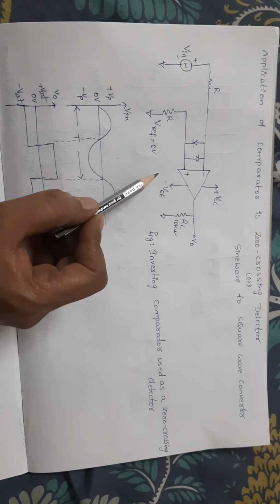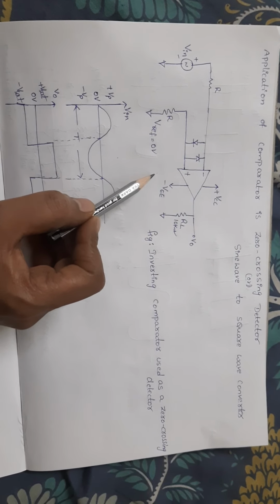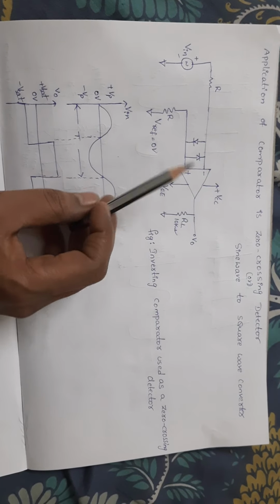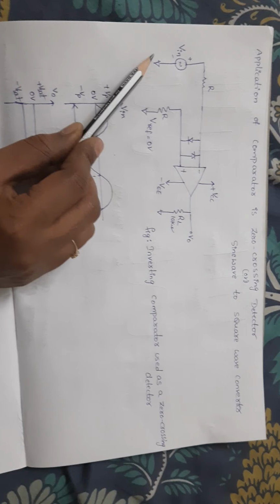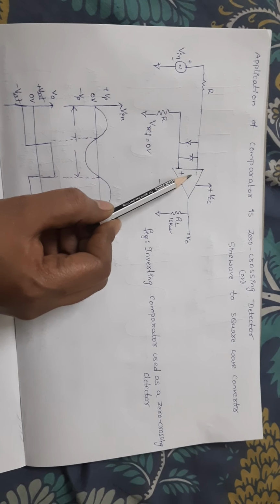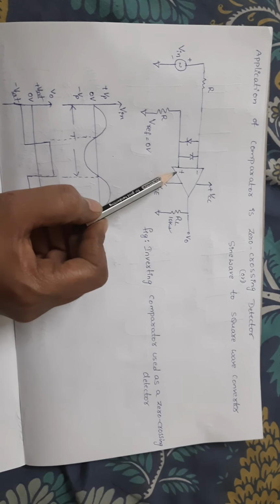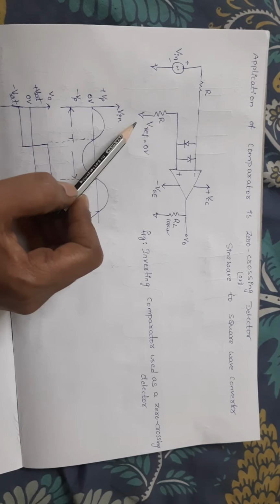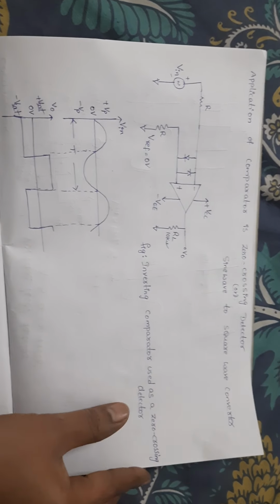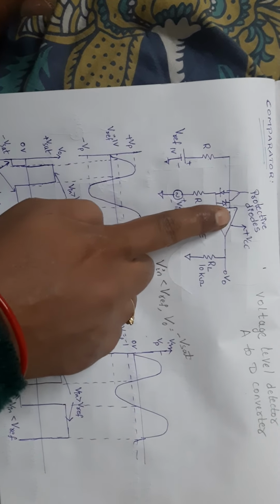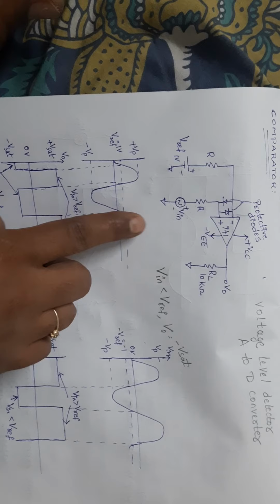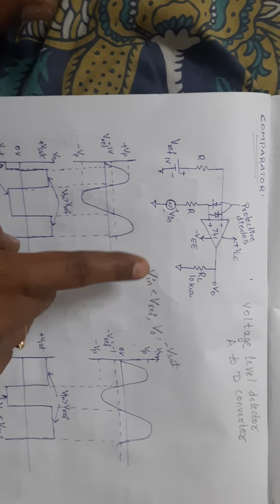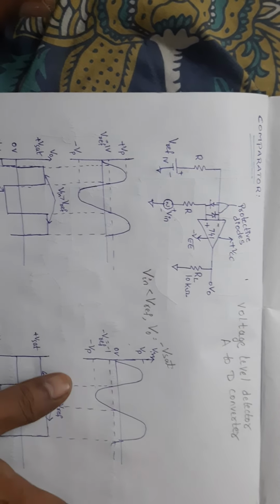Here it is an inverting comparator. Why do I say inverting? Because we are giving the input to the inverting terminal, and for the positive terminal we are giving the V reference. Previously we saw the comparator circuit where we gave Vin to the positive terminal, so that was a non-inverting comparator.